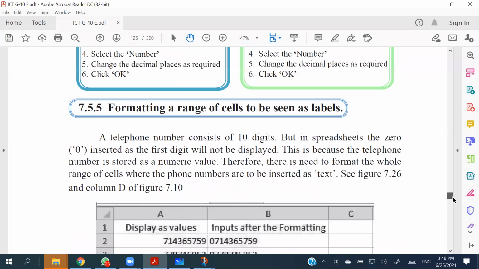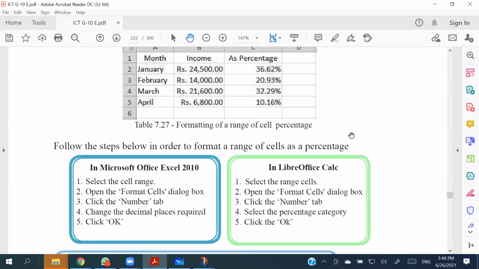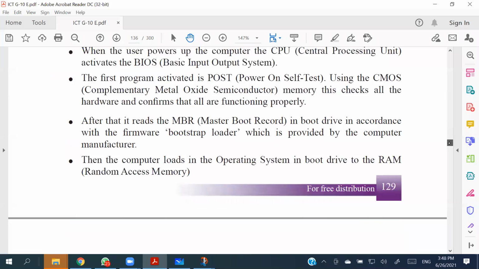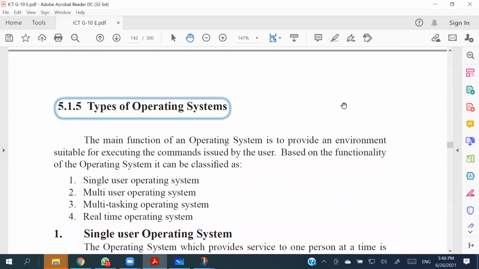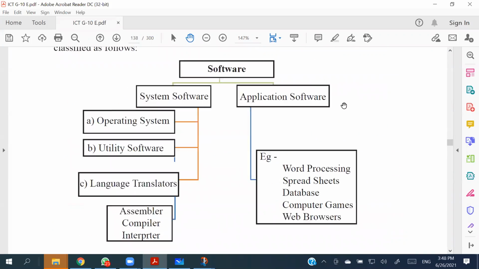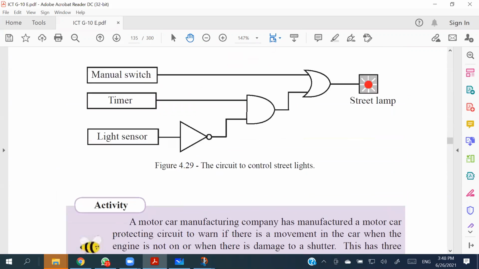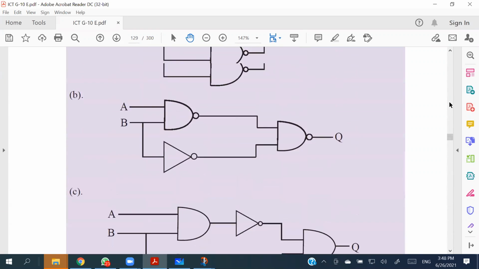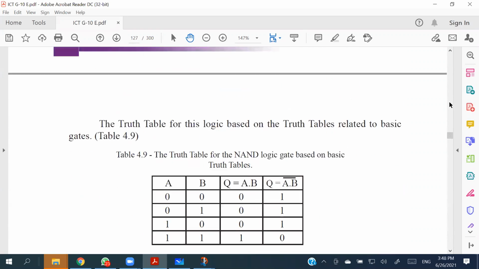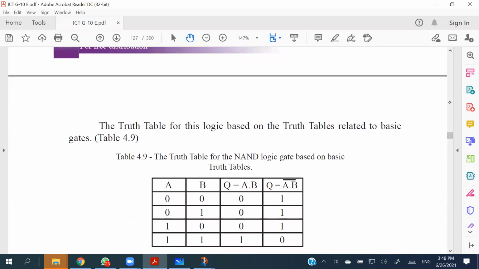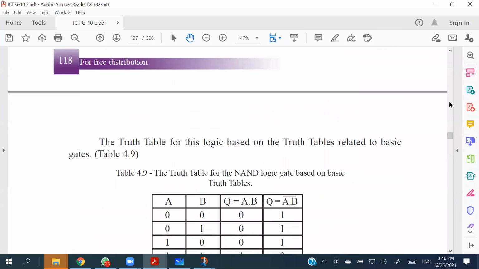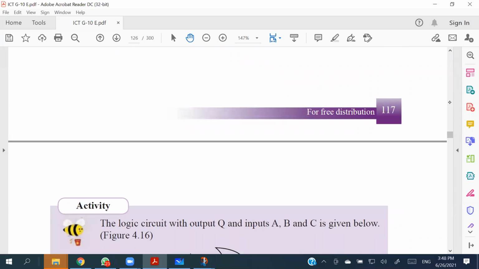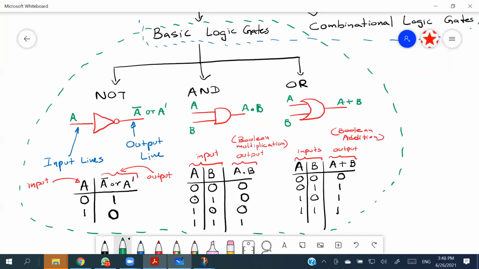When it comes to the A levels, you will be finding something different than this. And for combinational gates, there are two types, which are NAND and NOR. And who are these two? Now, these two are like this.